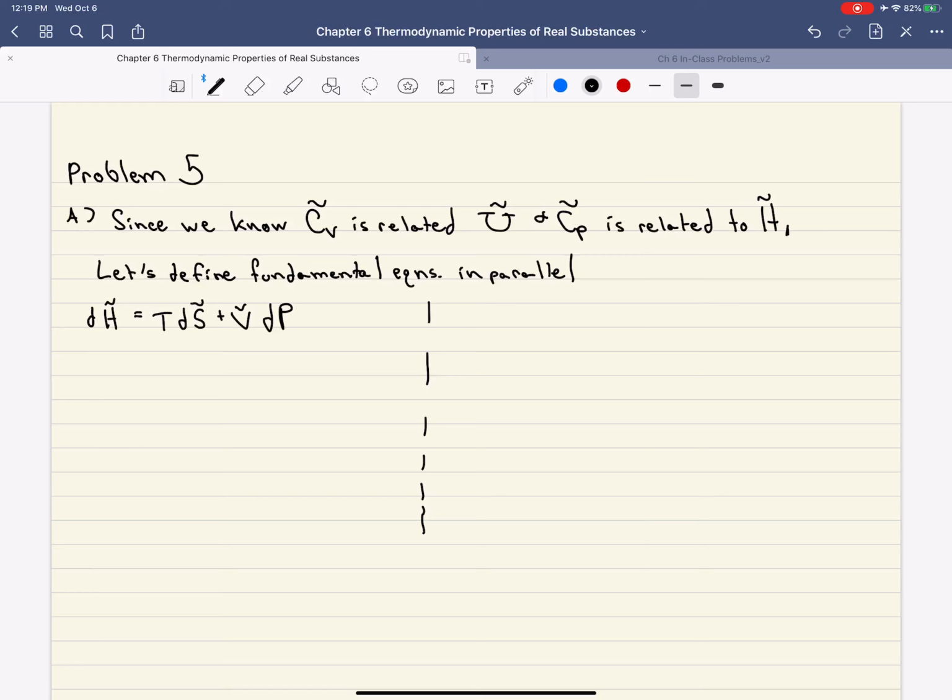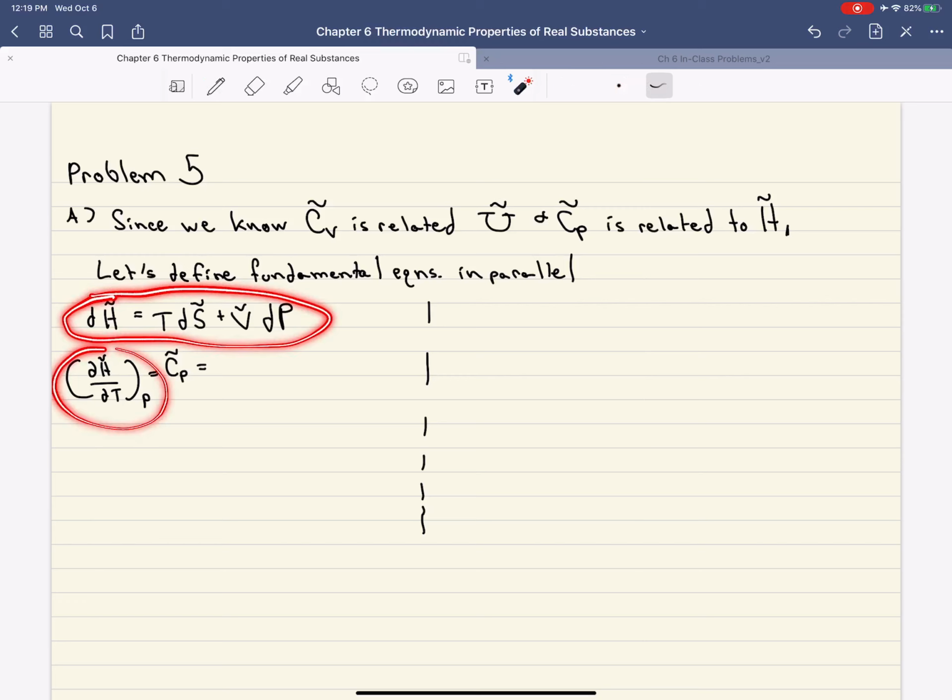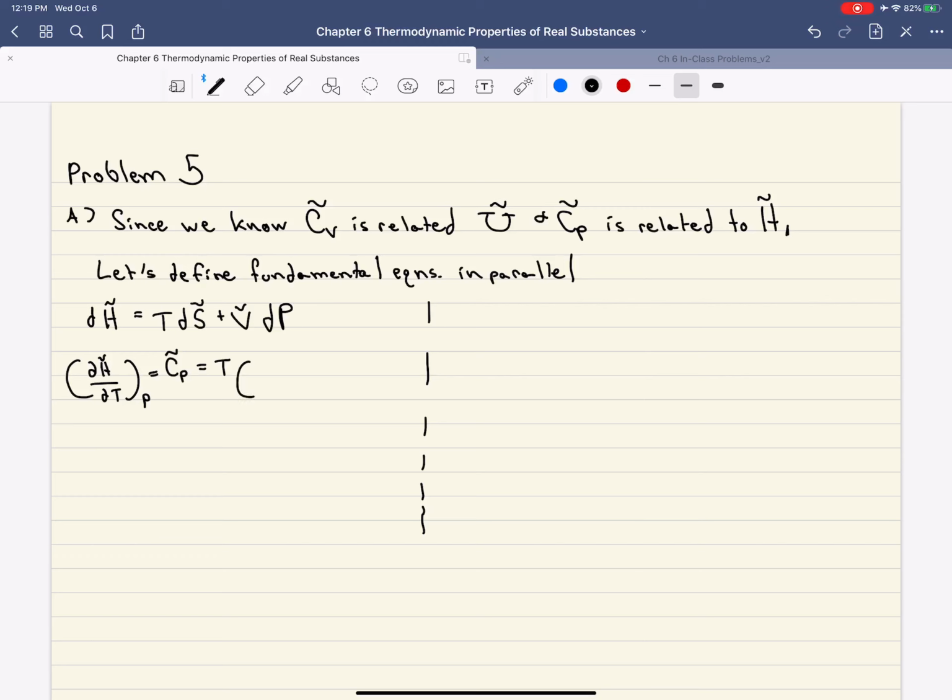If we take the partial derivative of enthalpy with respect to temperature at constant pressure, we know that is Cp. But if we take that partial derivative of the fundamental enthalpy equation up here, what we get is that Cp is equal to this.